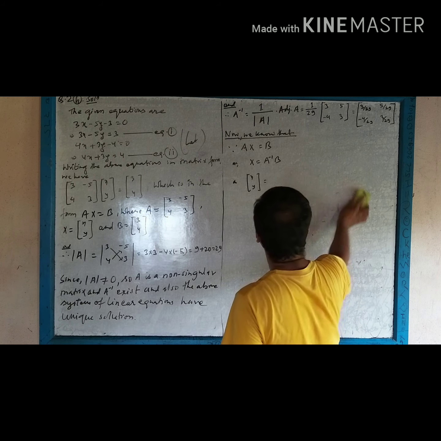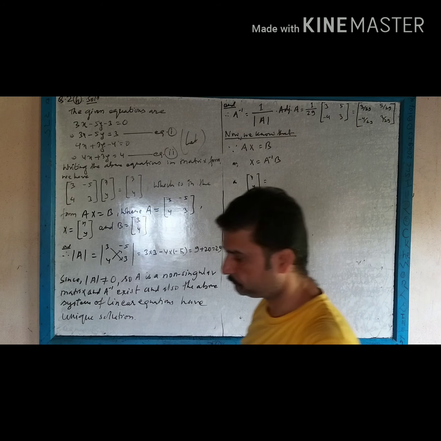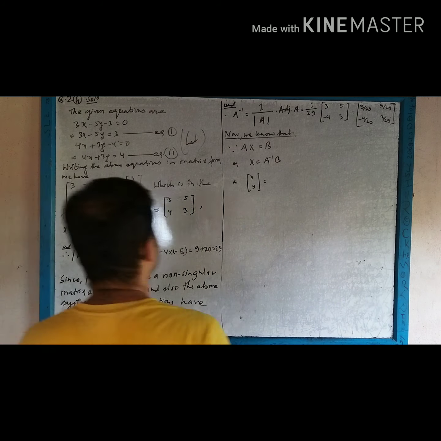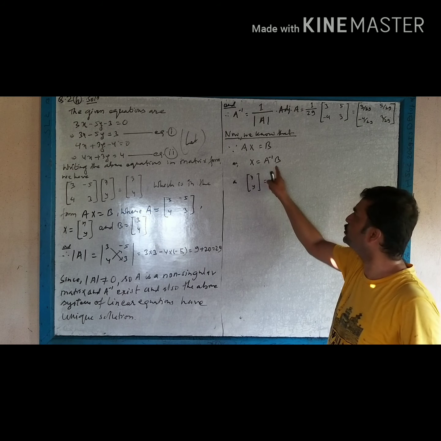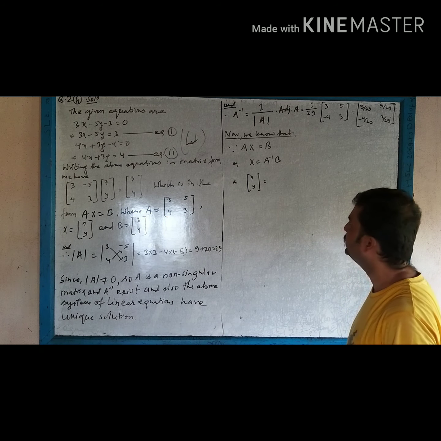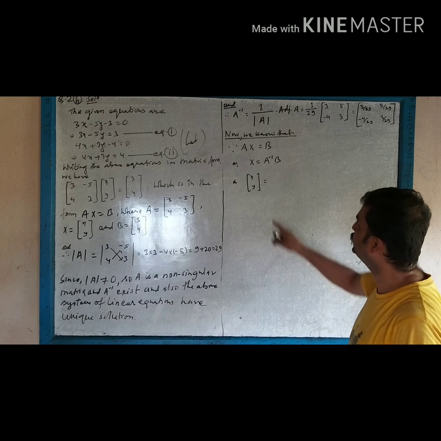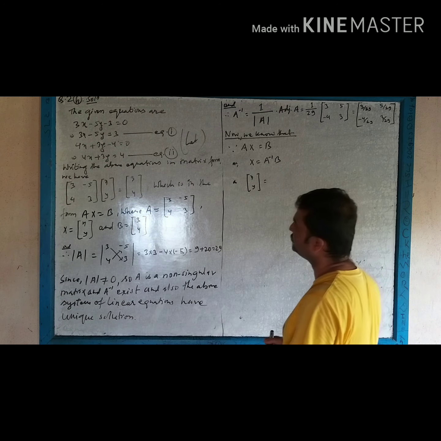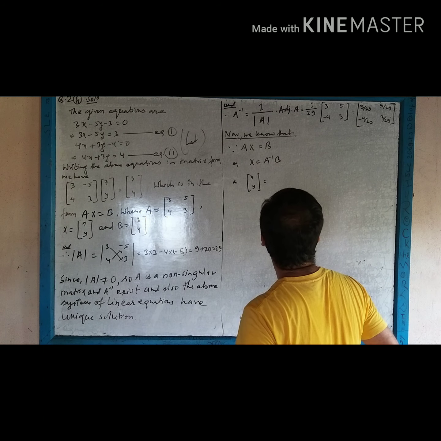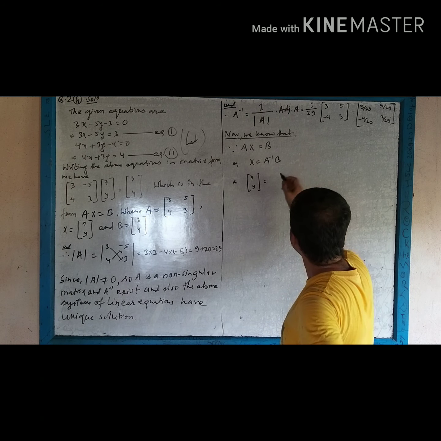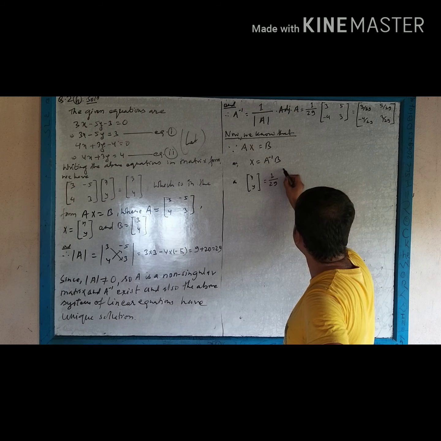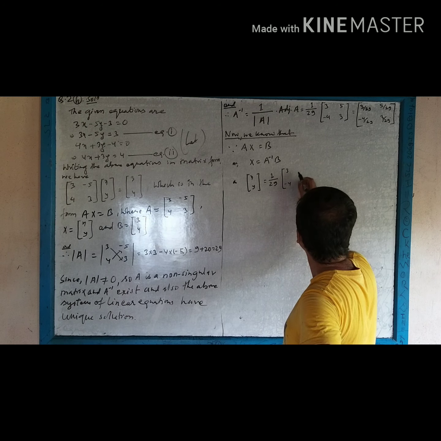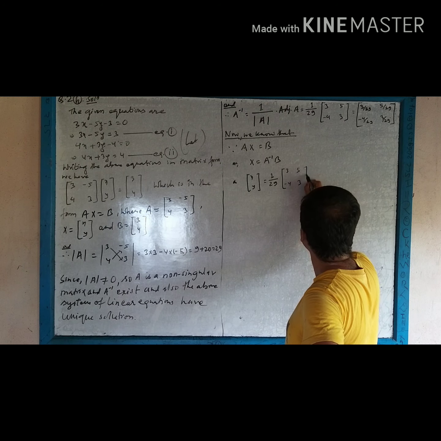Now we know that AX equals B, so X will be equal to A inverse B. So x comma y is A inverse times B. What is A inverse? It is 1 by 29 and it is 3, minus 4, 5 and 3.